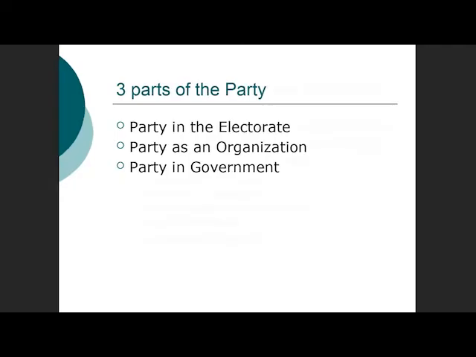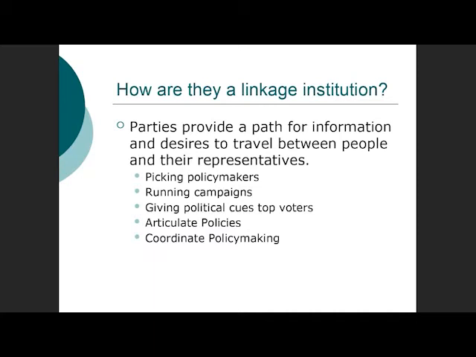So yesterday we were talking about how they work as a linkage institution, right? So the ways that parties help tie us as voters and citizens to our federal government, translate information for us, transmit information for us, right?